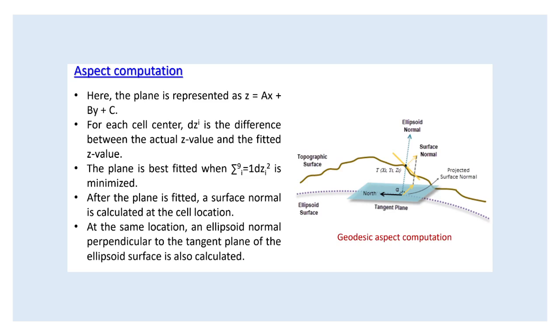The plane is best fitted when the sum of those dz values is minimized. After the plane is fitted, a surface normal is calculated at the cell location. Surface normal is this one. This is the point. This is the northern direction. So from here, a perpendicular is drawn.